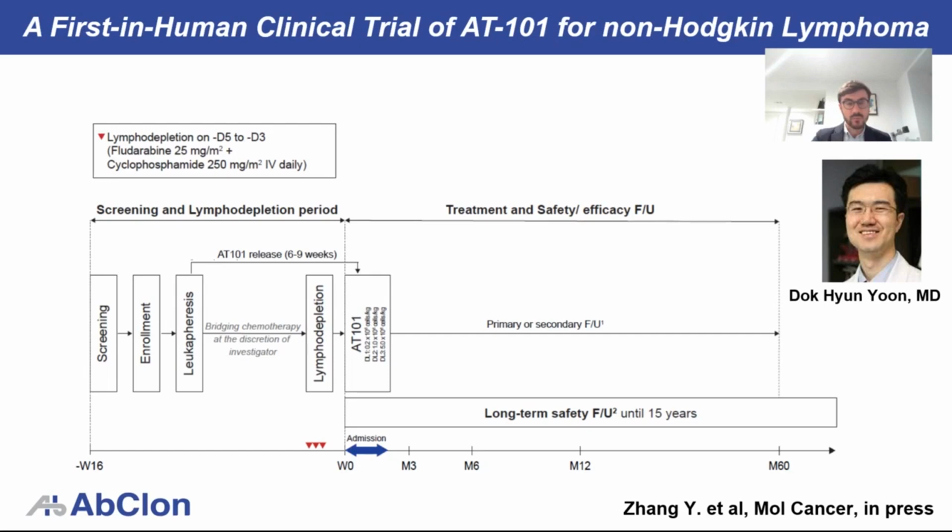While the product was being manufactured, bridging chemotherapy could be used. And in the week before the infusion of the product, lymphodepletion would be received with a pretty standard fludarabine and cyclophosphamide for 3 days. And then 3 different cohorts were infused with increased doses of AT101, which is the clinical grade product name for 1218.